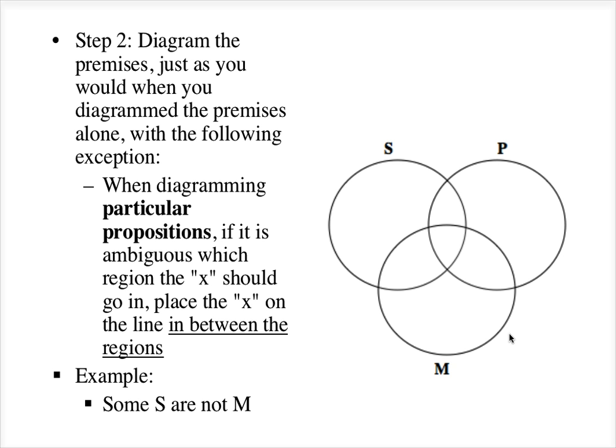So for example, consider the statement, some S are not M. Well, here's a region of S that is not M. So it could be there. Or here's another region that is S but is not M. We don't know which region it goes in, so we put it on the line right in between the 2 possible regions. Okay, that's important.